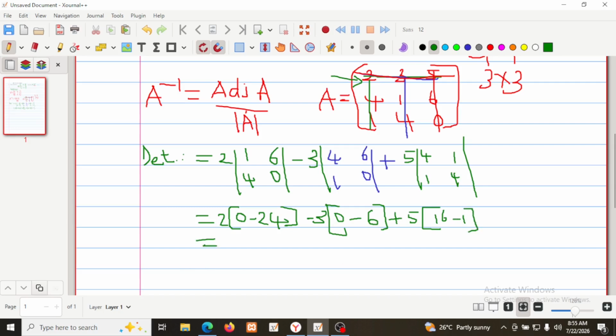Which will be equal to 2 times 0 minus 24, it is negative 24, then minus 3 times negative 6, plus 5 times 15.